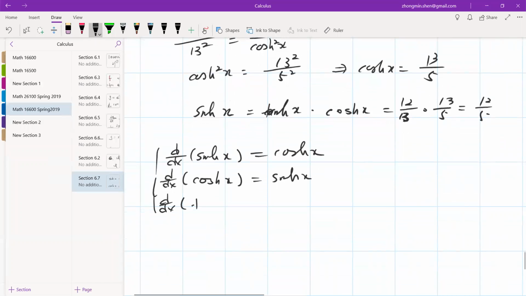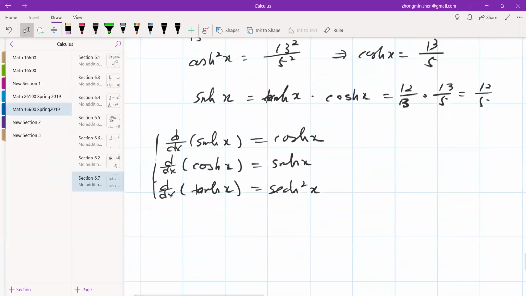And the derivative of hyperbolic tangent x, and the rest of them you can find right in the book. I'm only listing those three because I'm trying not to make any problems using other functions on the tests and quizzes.